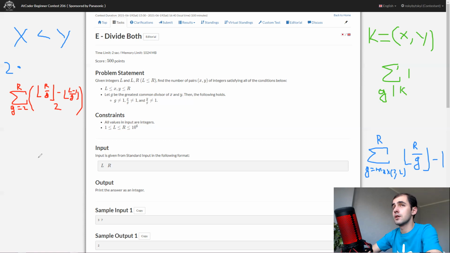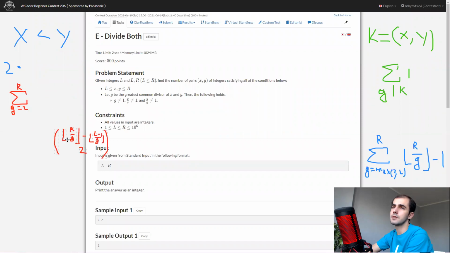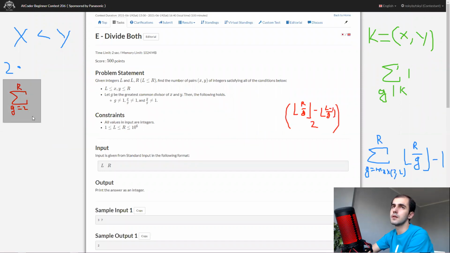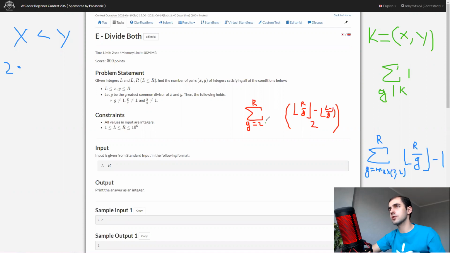Here we are going to add a plus or minus sign, and it will depend on g. Namely, what I believe happens is that we use the Möbius mu function of g here. Just multiply it, and that will be the sum.